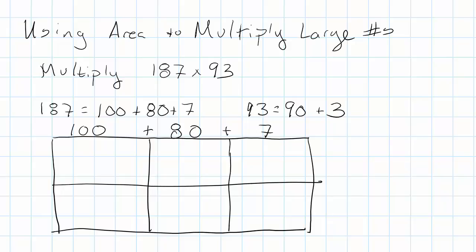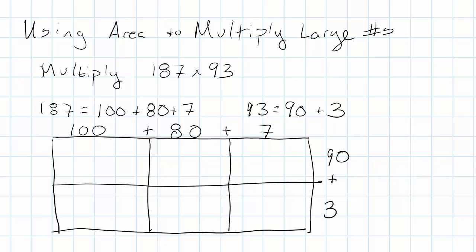Right, we take this rectangle that's 187 long, we break it up into a bit that's 100 long, a bit that's 80 long, and a bit that's 7 long. It's 93 high, we break it up into a bit that's 90 high, and a bit that's 3 high. Why would we want to do that, you ask? Well, numbers like this are easy to multiply together.